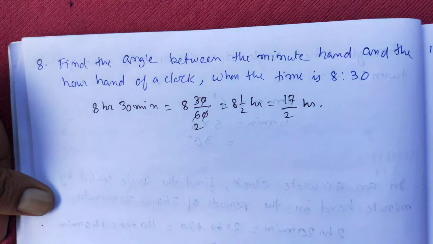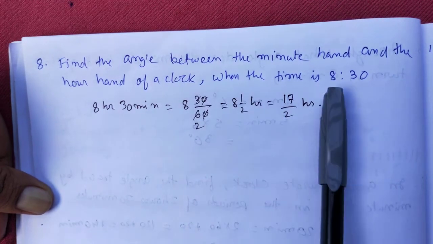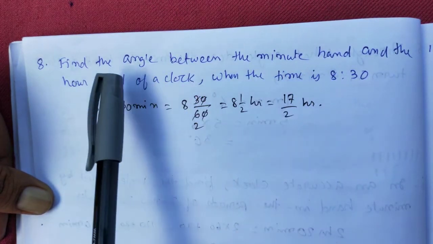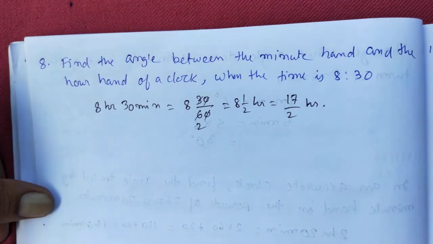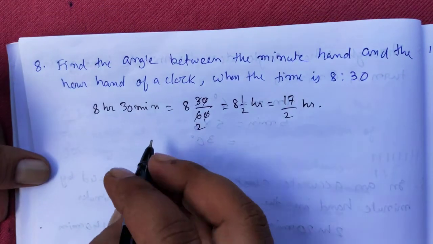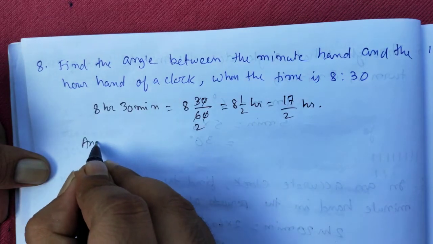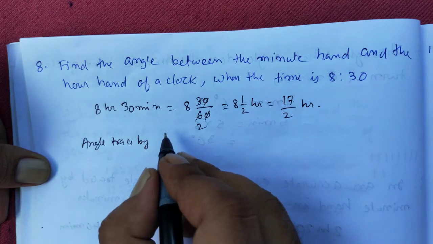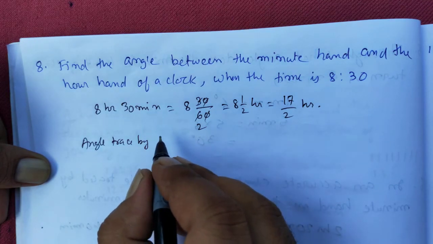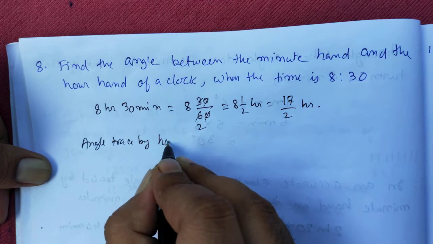Now your question is, when it is 8:30, find the angle between the minute hand and the hour hand. So you have to find the angle traced by the hour hand.